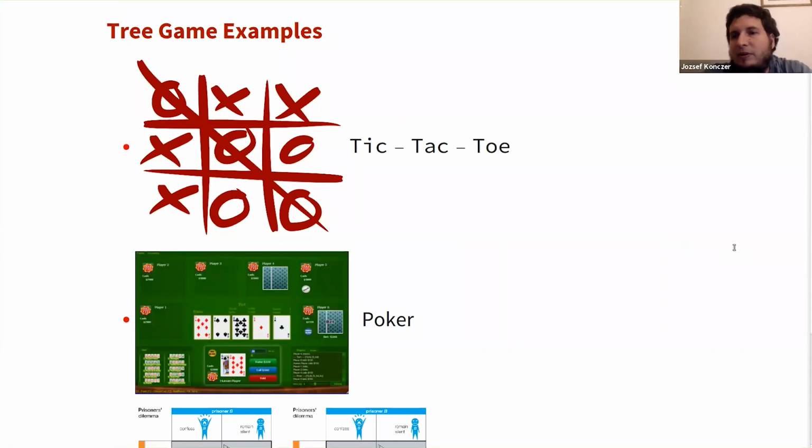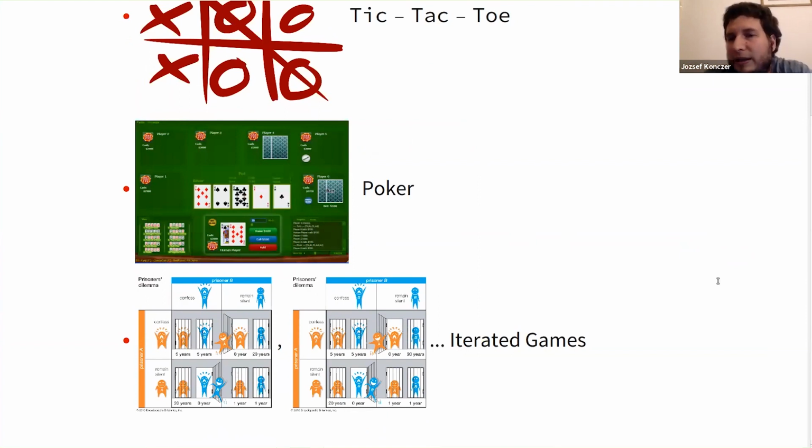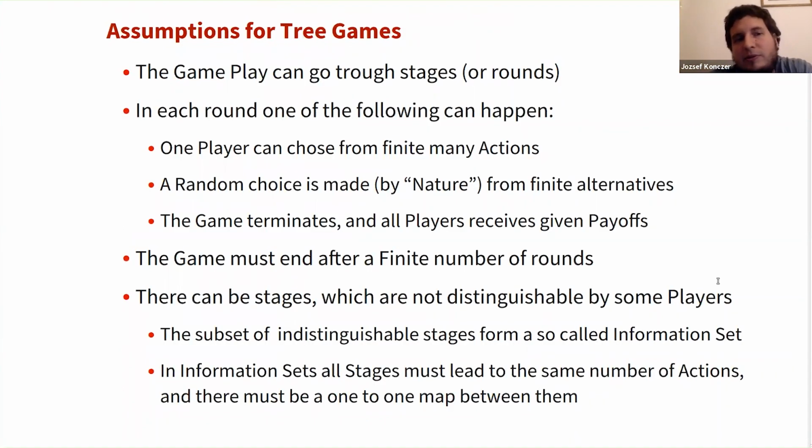Then let's move to another category, the so-called tree games or extensive form games. So, for example, board games, tic-tac-toe, chess, go, or poker, or basically any iterated game, any one-shot iterated game can be viewed as a tree game. And so what are the assumptions here? The gameplay can go through stages or rounds.